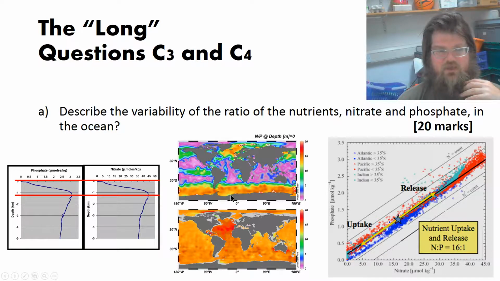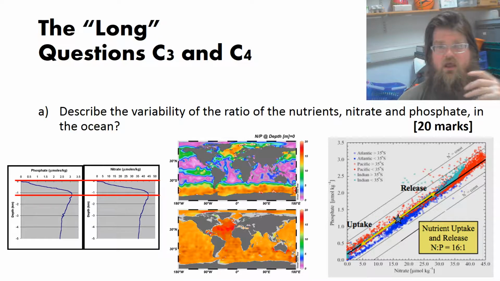So in the Southern Ocean and the North Atlantic, we have lots of intense mixing because it's very windy and stormy there. And places where there's lots of upwelling, so along the equator, maybe off the coast of Namibia, off the coast of West Africa here, where we're bringing up deep water to the surface, again, we have N to P ratios that are quite close to this 16 to 1.